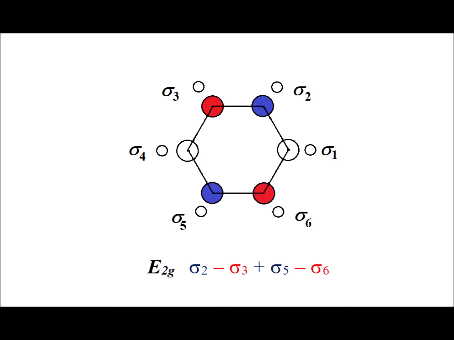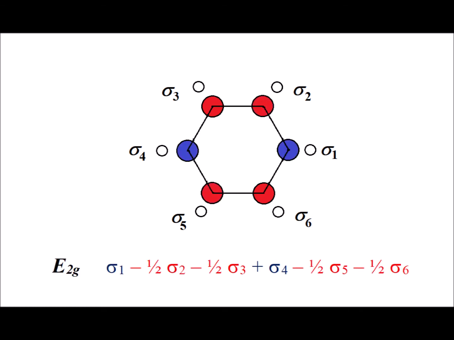Next, we have the two E2g doubly degenerate representations. They're next highest in energy, and they're equal in energy to each other. That is what degenerate means. So here's the first. And here is the second of the E2g pair.